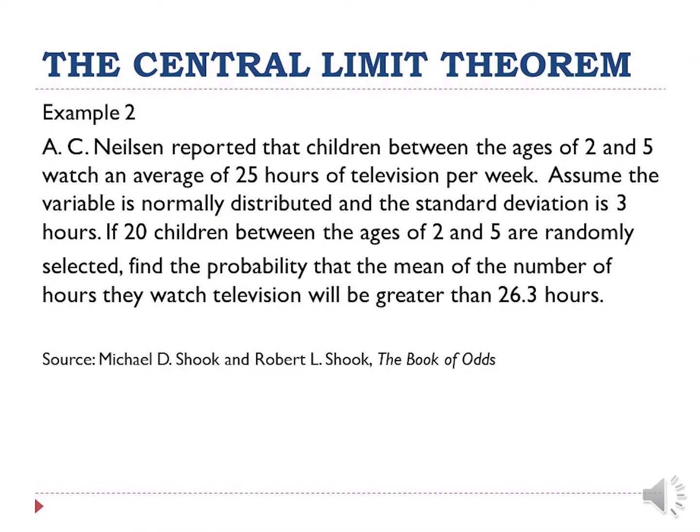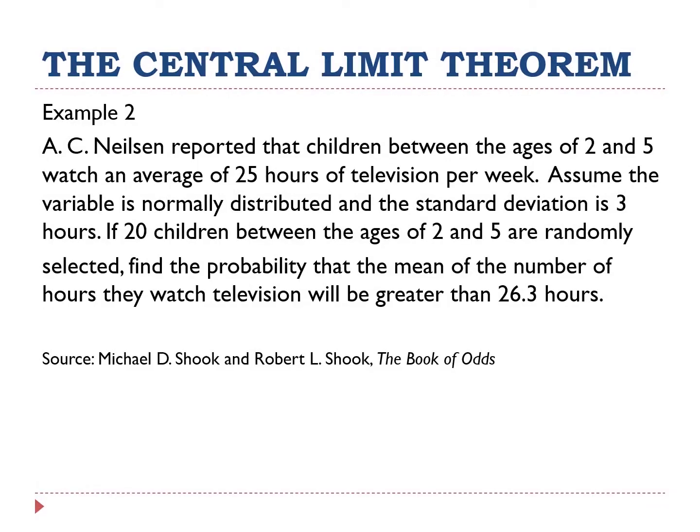Okay, next. Number 2. A.C. Nielsen reported that children between the ages of 2 and 5 watch an average of 25 hours of television per week. Assume that the variable is normally distributed and the standard deviation is 3 hours.